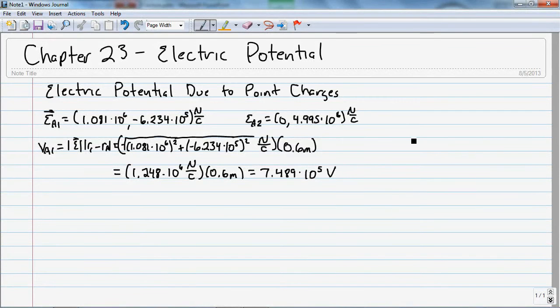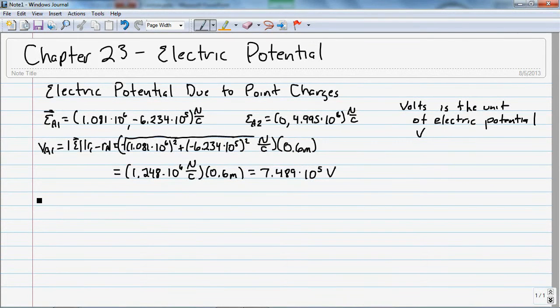Volts is the unit of electric potential, and its unit designation is V.